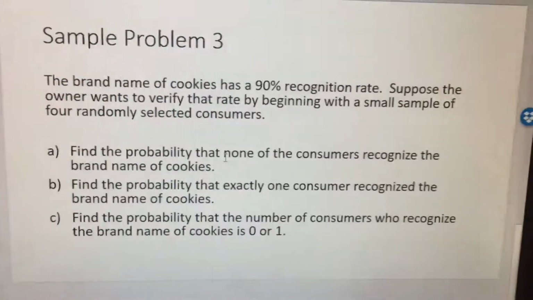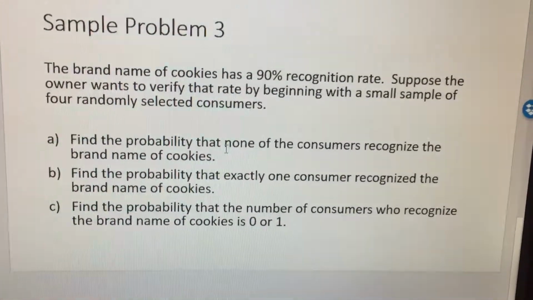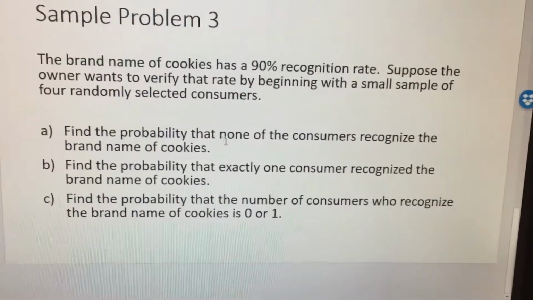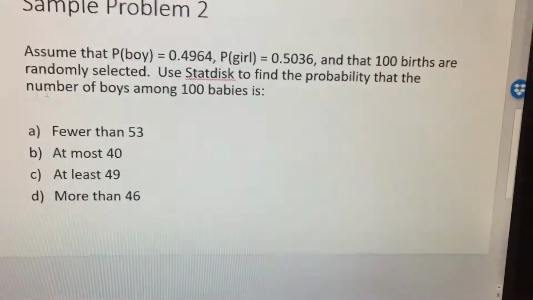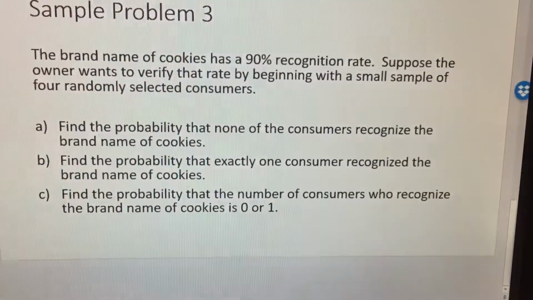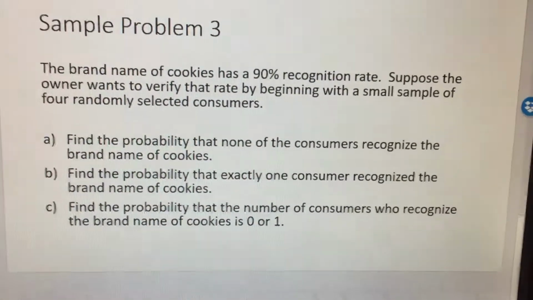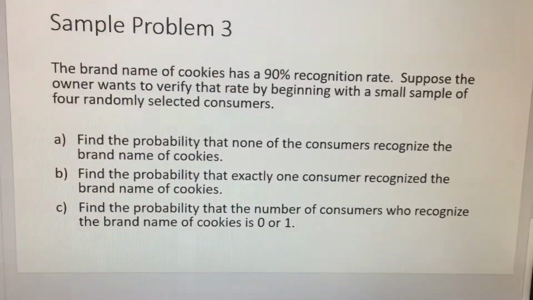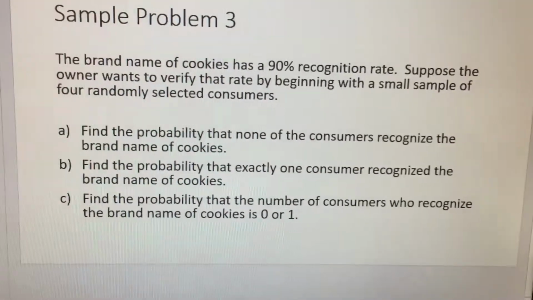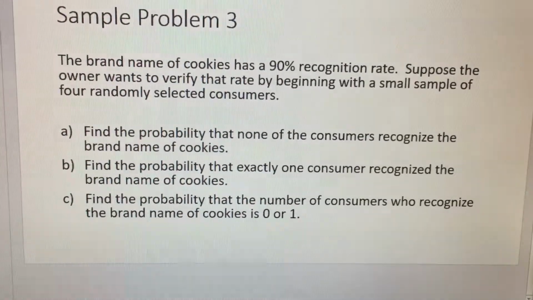The B part, find the probability that exactly one consumer recognized the brand name of cookies. And, part C, find the probability that the number of consumers who recognize the brand name of cookies is 0 or 1.